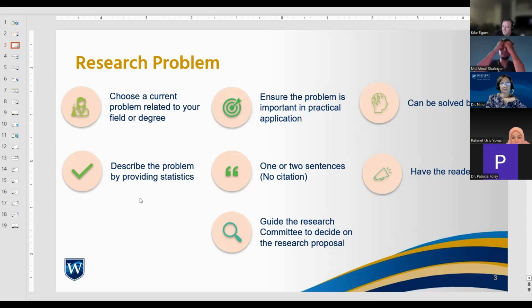And describe the problem with statistics so you can give evidence to know that there is an actual problem. You can write a problem statement in 1 or 2 sentences, and that will get the reader's buy-in. You, as a dissertation student, can also use it to guide your committee on understanding the problem you're investigating.